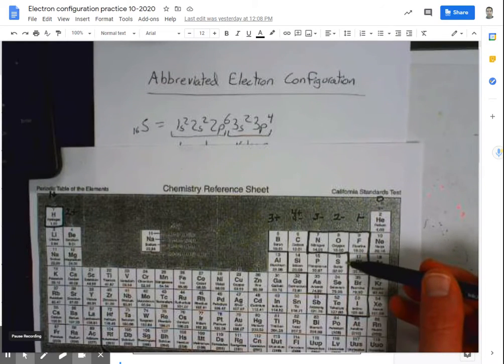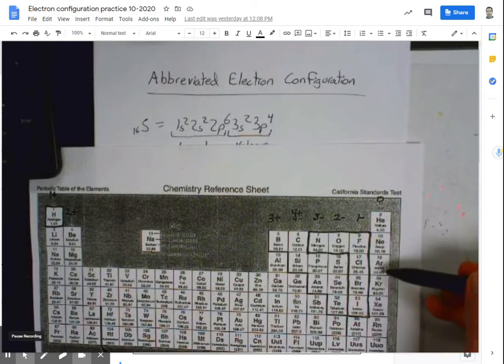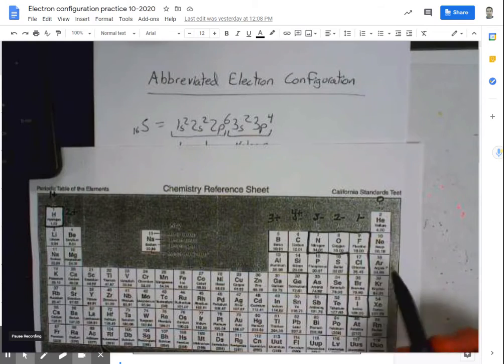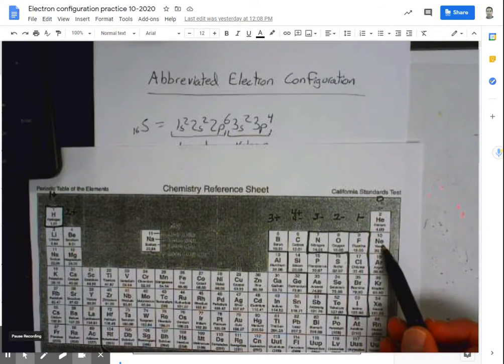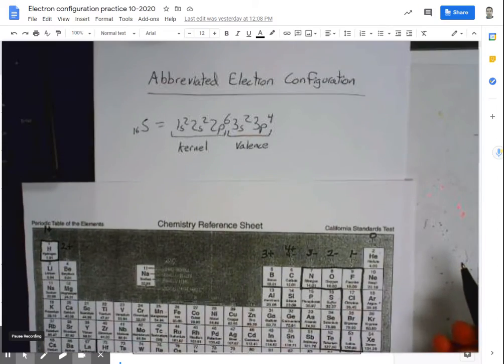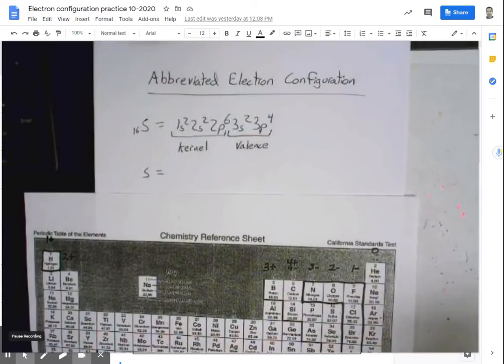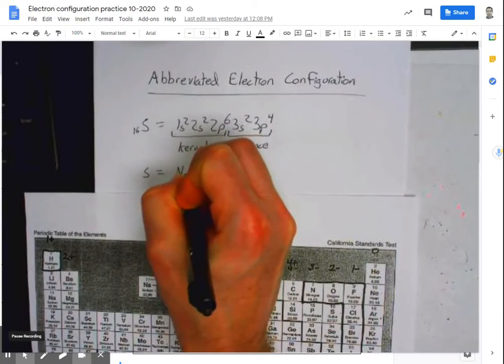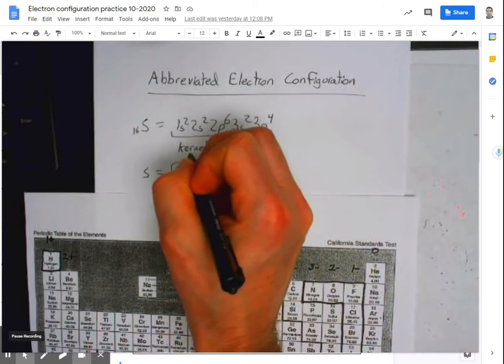So we will always, when we write an abbreviated electron configuration, pick an element from column 18, a noble gas, and put it in square brackets. Wherever your element is, look in the previous row for that noble gas. So when I write an abbreviated electron configuration for sulfur, I am going to put neon first in square brackets. And that's going to represent the entire kernel.